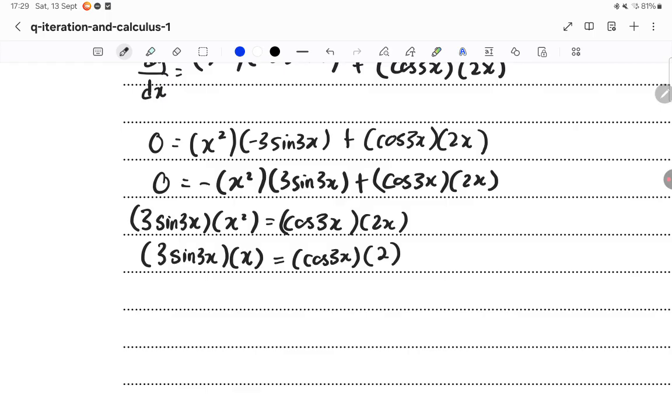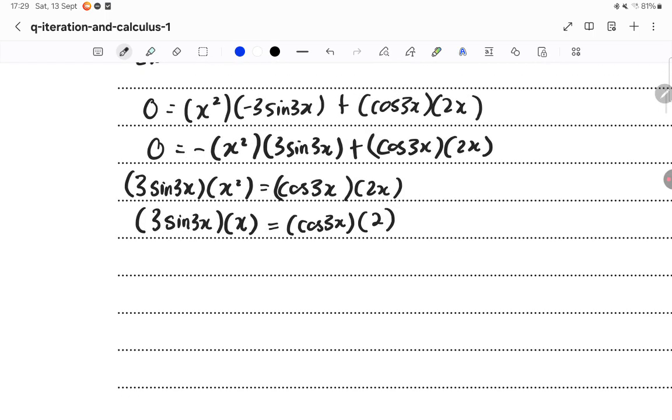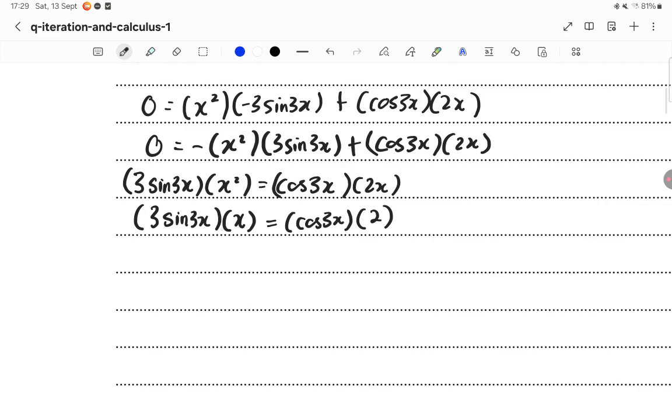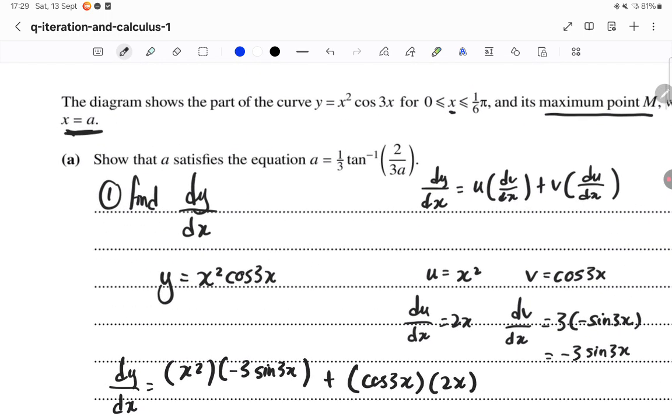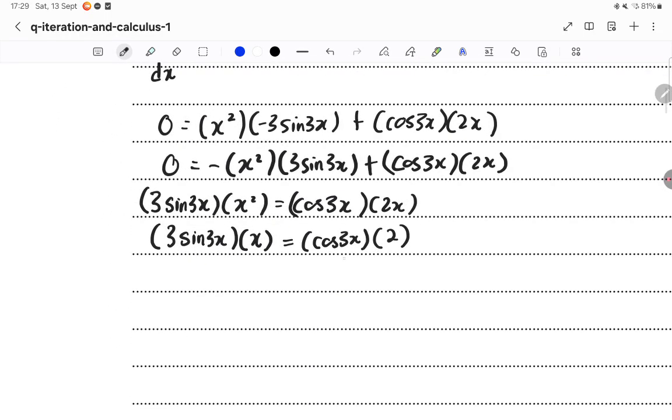All right. And I can see something here where if I divide the sine by the cos, we can get tan 3x, right? So why don't I isolate the two trigonometric functions on one side?